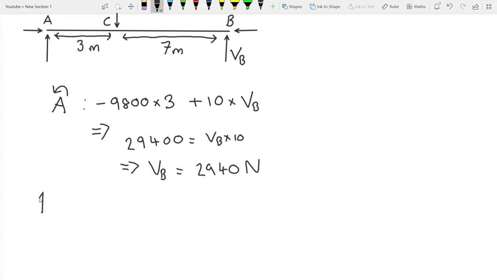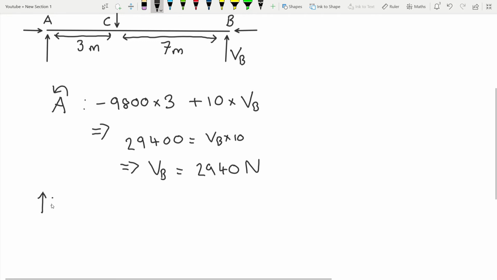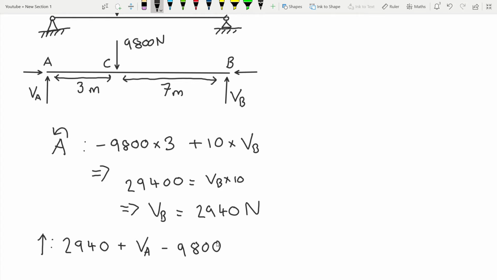We'll look at our total vertical. So VB is acting upwards, 2,940. We'll have a VA minus that force at C. I'm going to say that all equals 0.